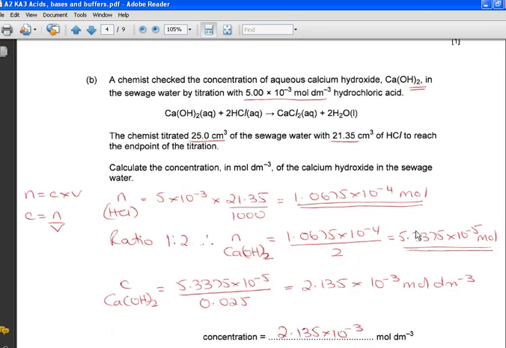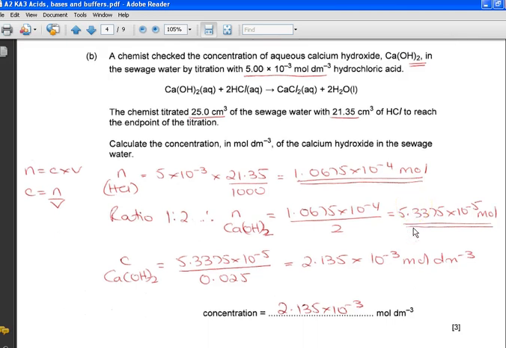Part B, okay, so you're given some information and then you're asked to calculate the concentration. I would straight away scribble down my equations here just to remind myself what I'm going to be doing, because the information you're given in the question indicates that these are the equations you're going to use, because it was a titration.